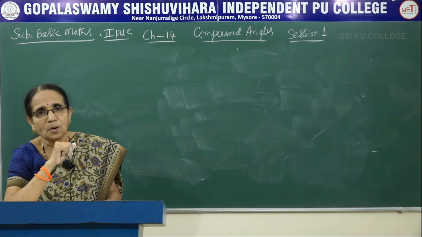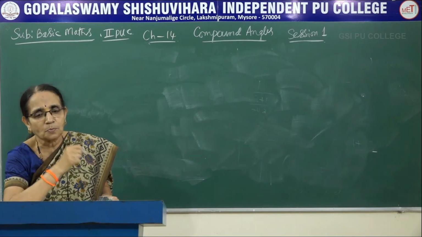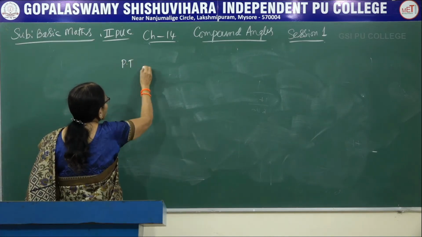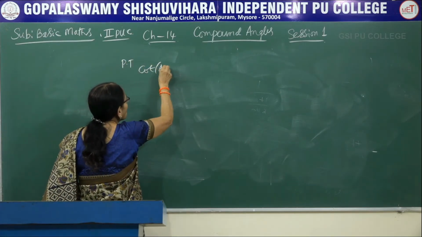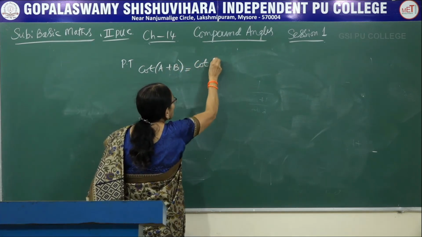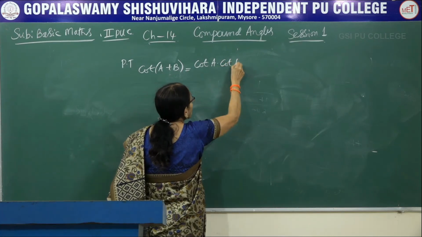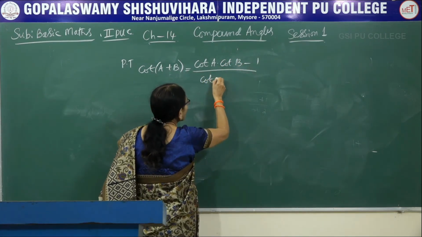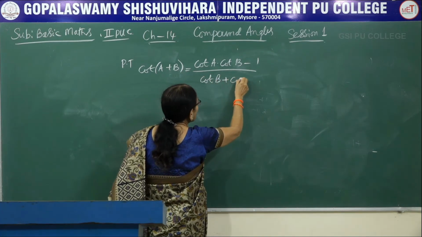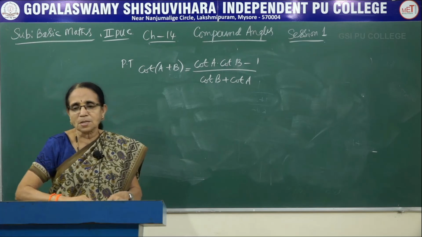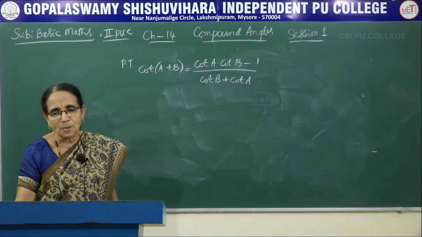For a 2-mark question, you can expect one problem here, that is, prove that cot of A plus B is equal to cot A into cot B minus 1 divided by cot B plus cot A.